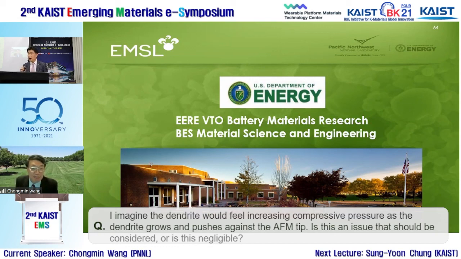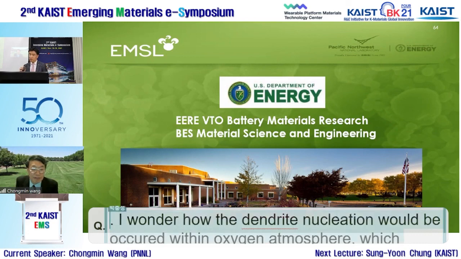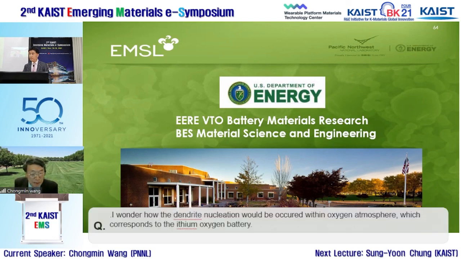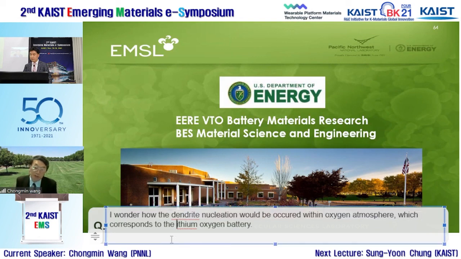Okay, thank you. And the next question is: thanks for the wonderful lecture. I wonder how dendrite nucleation would occur within an oxygen atmosphere, which corresponds to the lithium-oxygen battery. Yes, in here we use lithium-oxygen, and as Dr. Jun just mentioned, we see different phase formation if you use oxygen.